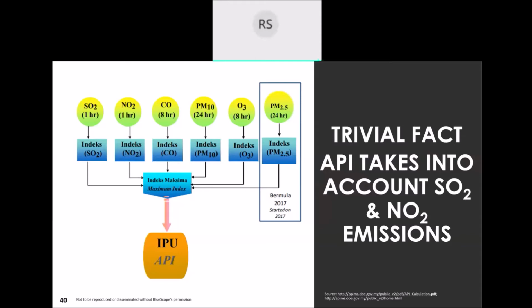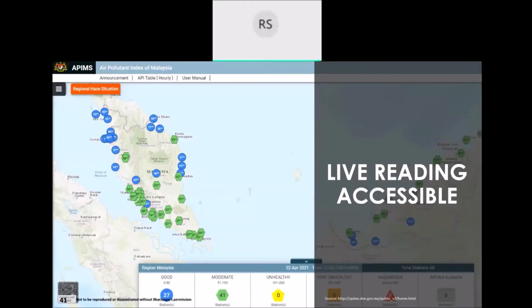It is also taking into account the corrosive substances that I covered earlier, which include sulfur dioxide, nitrogen dioxide, carbon monoxide, and also ozone. So all these, including the smog particles, are used to calculate the API, the so-called air pollution index.